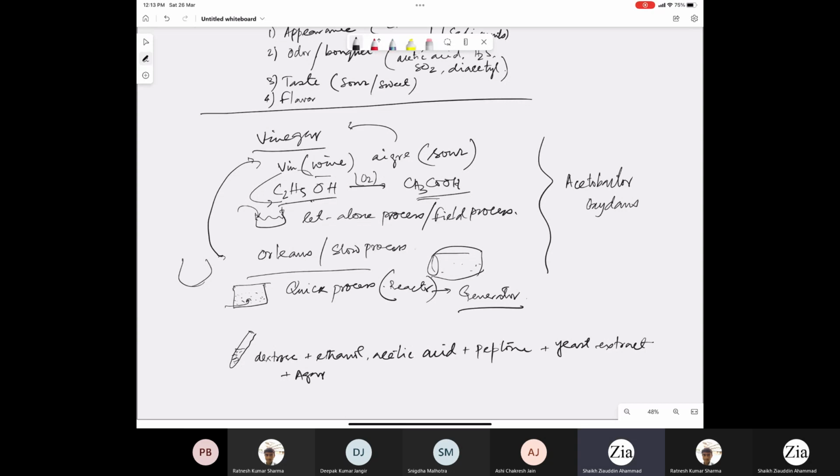So agar is your solidifying agent, and in the broth you have dextrose, ethanol, acetic acid, peptone, and yeast extract. Yeast extract is providing the nitrogen source. If you want to replace this synthetic media with a complex substrate, then you can use simple tomato juice. They call it tomato juice agar.